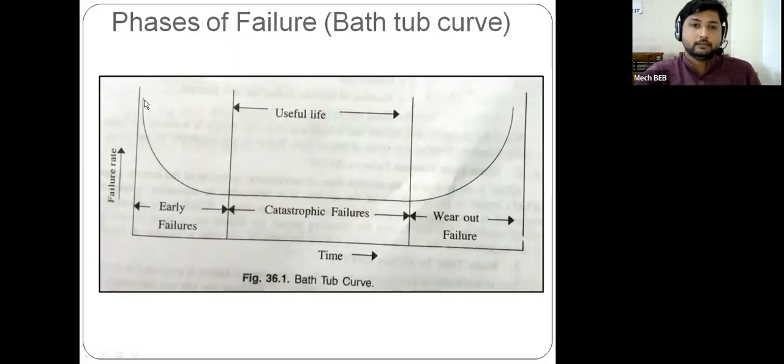Here, this is the initial stage, which we can consider the design stage or manufacturing phase. During the initial time period of a product, most products fail.